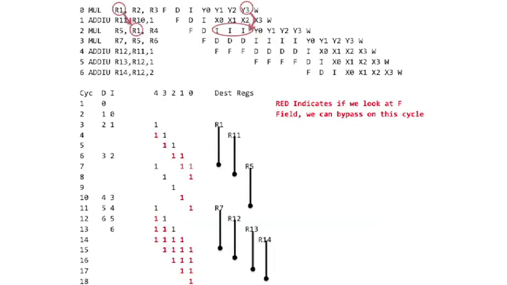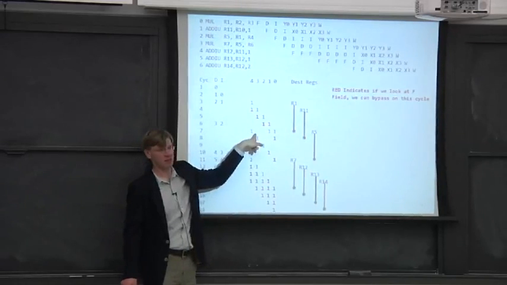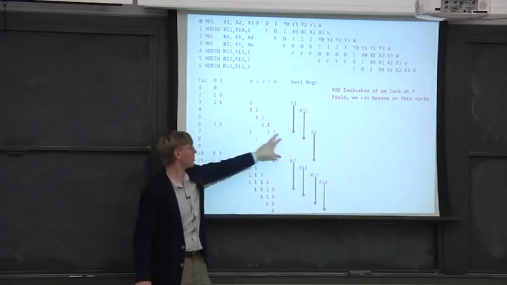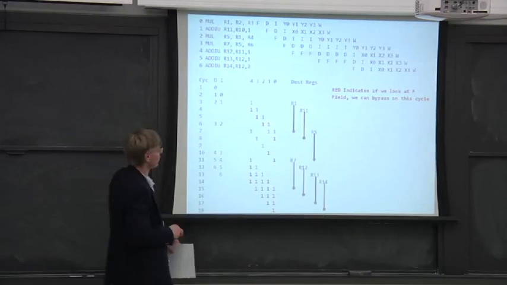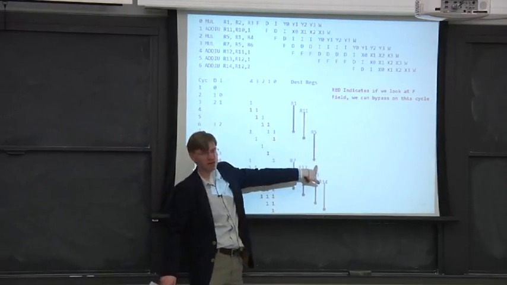If we go look at the scoreboard, that corresponds to this becoming red. And then we can actually issue instruction 2 to here, and we've basically bypassed that value. And register 5, which is the destination of instruction 2's multiply, is valid.